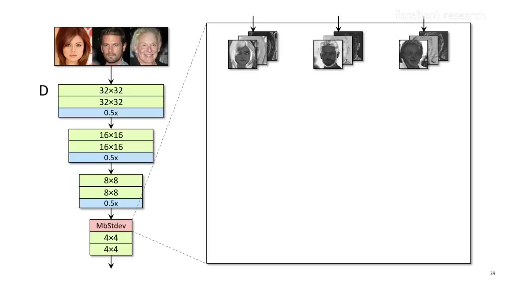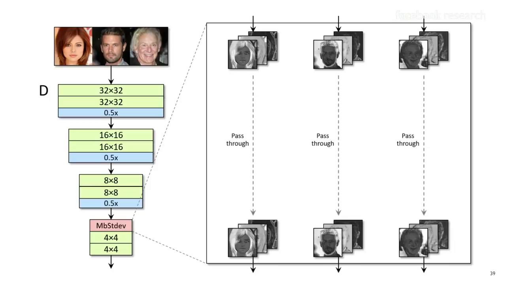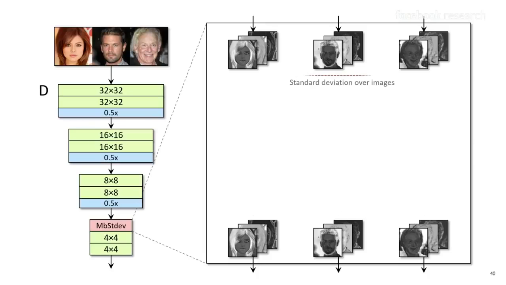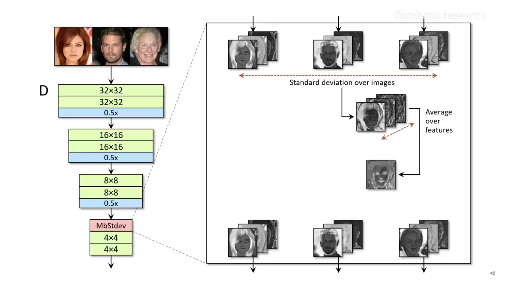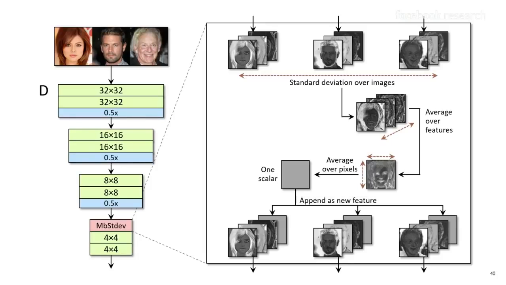The input is the set of activations from the previous layer for every image in the mini-batch. These activations are passed through as is. But in addition, we also compute the standard deviation for every activation over the images. We then average these standard deviations over the features and over pixels to yield a single scale value. We then replicate that and append it as a new feature map in the output.